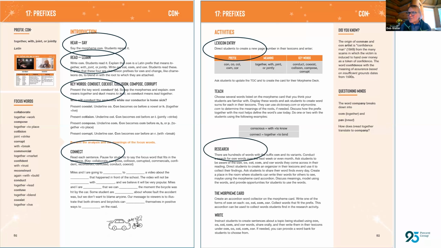And then there's always work to be done around words that are developed from the target morphology. And I've included lots of ideas for you on ways to engage students in activities that are helpful in providing that time to learn. And always ask your students to write.